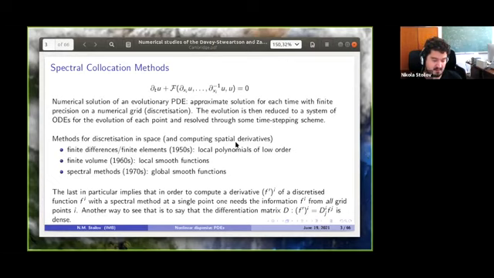This is in contrast with the local methods, where the differentiation matrix is usually 3 diagonal, 5 diagonal, or something like this, so it is linear with the number of collocation points. In the spectral method, it is quadratic, which, if you're playing with millions, billions or tens of billions of points, is a significant difference.